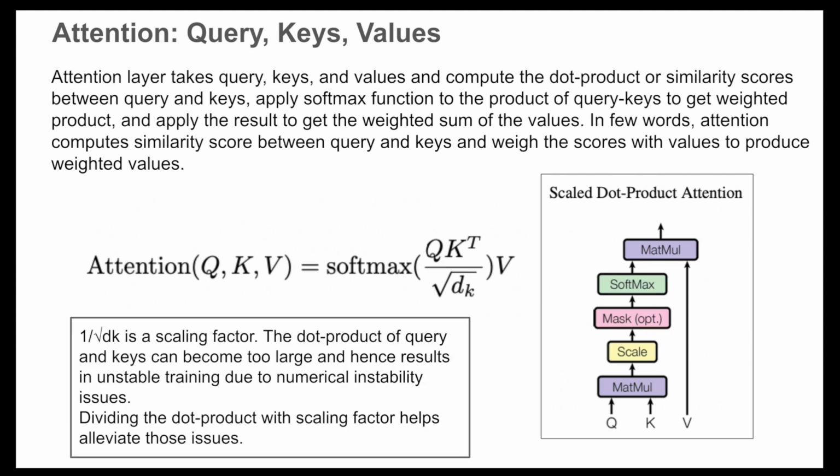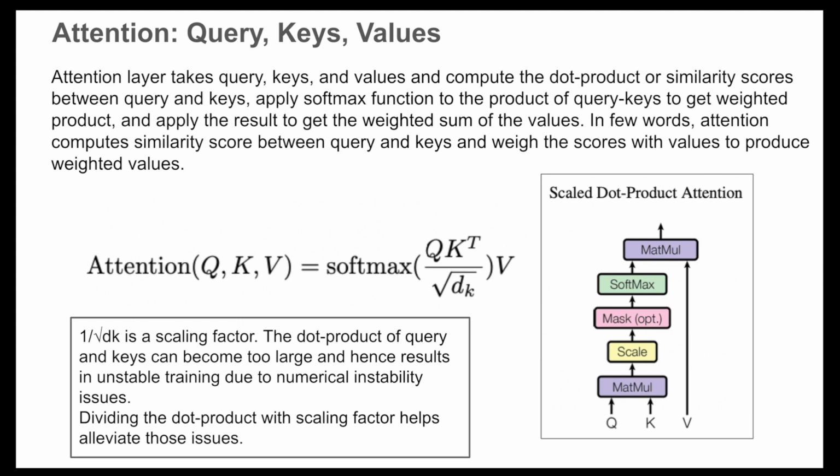This dk is a scaling factor, and the reason it's done is because the dot product of query and keys can become too large and hence can result in unstable training. So dividing the dot product by the square root of dk helps to alleviate the numerical instability issues.